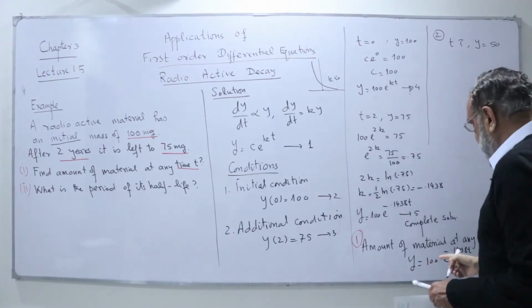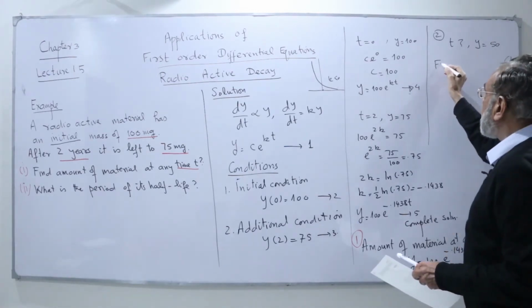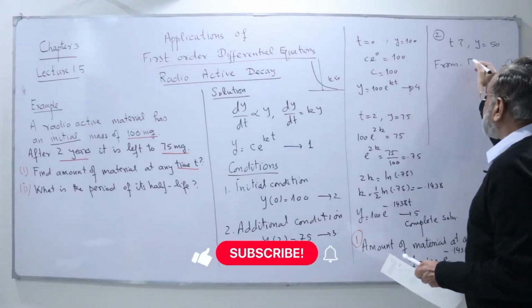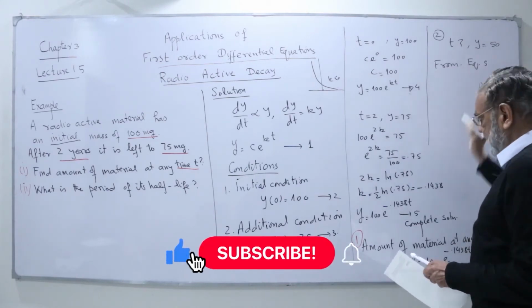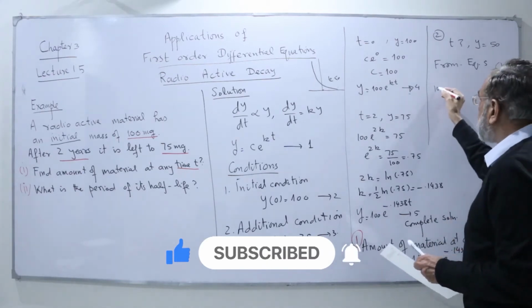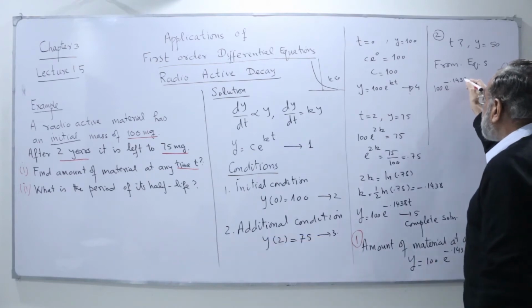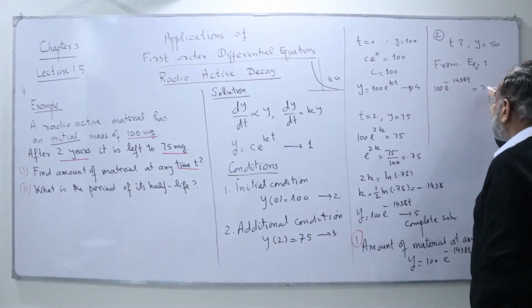So we substitute in equation 5. We have 100 e^(-0.1438t) = 50, where 50 is what is left.